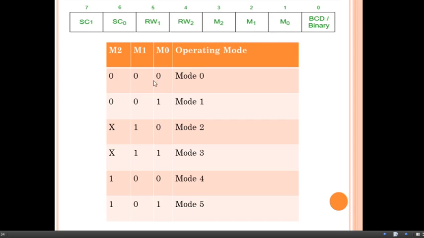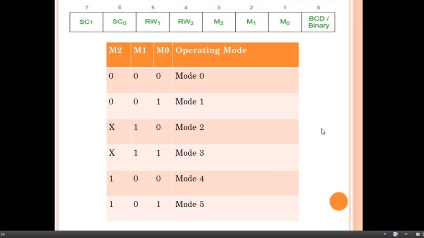If these three bits are 0, mode 0 is selected. If it is 0 0 1, mode 1 is selected. If it is don't care 1 0, mode 2 will be selected. Don't care 1 1, mode 3 will be selected. And if it is 1 0 0, mode 4 will be selected. And for 1 0 1, mode 5 gets selected.